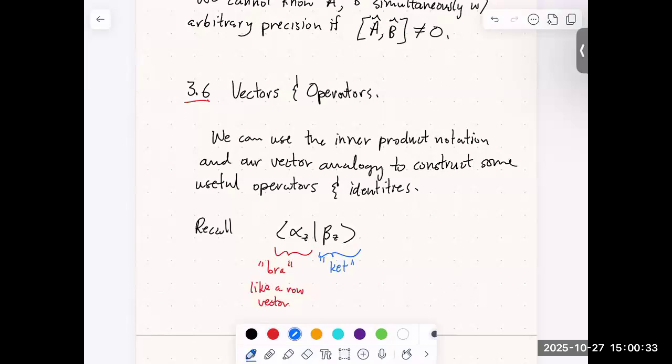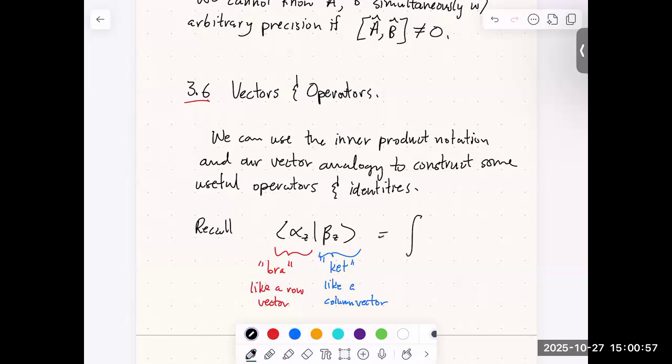So together they form the bracket. And so this is like a column vector. And when you multiply a row and a column, you end up with just a number. And so that's that inner product.